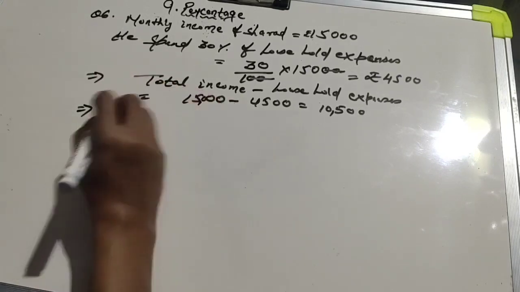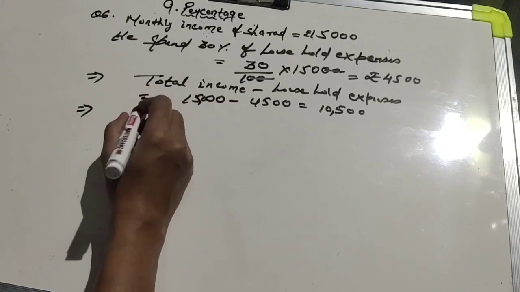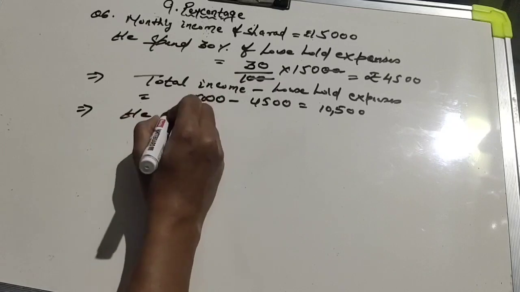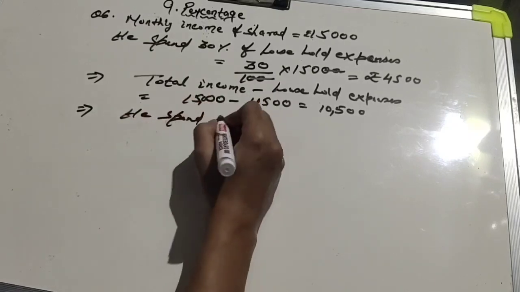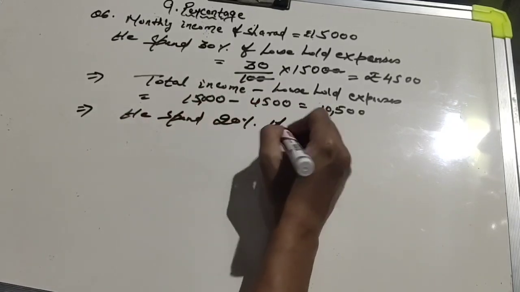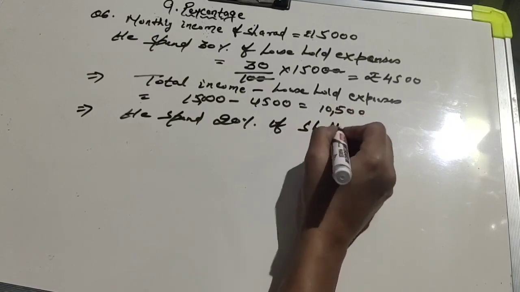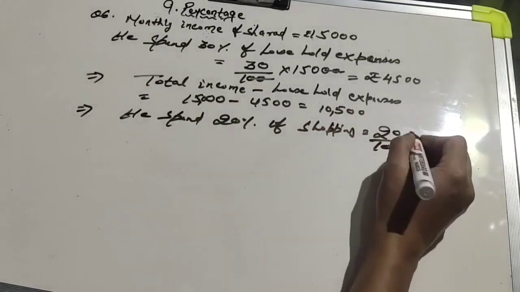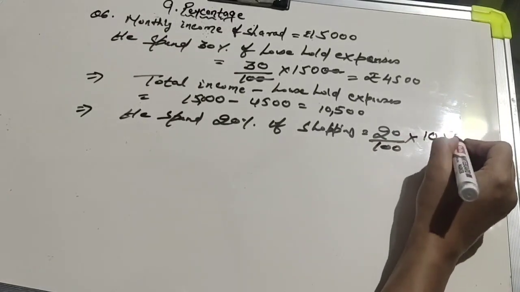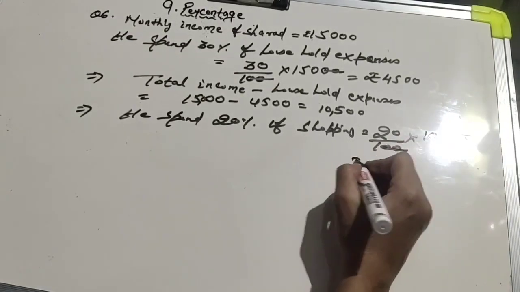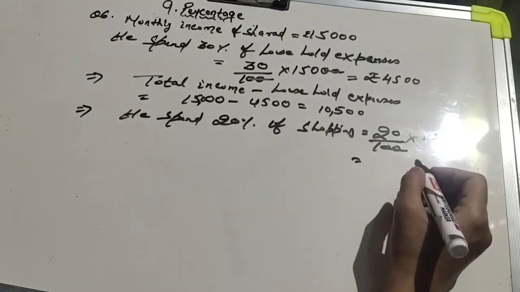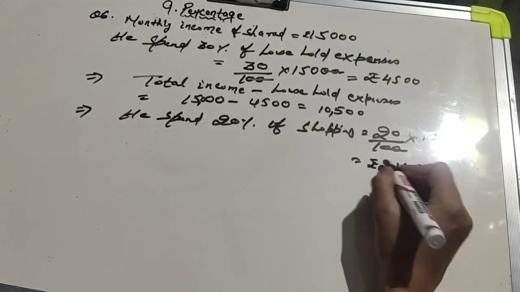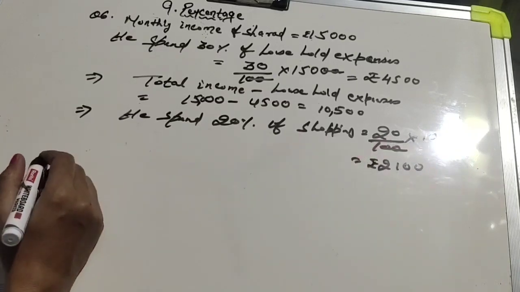So we will write: he spent 20% on shopping is equal to 20 by 100 multiplied with 10,500. The 0 0 we will cut. So 21 into 100, 2100 rupees he spent on shopping.